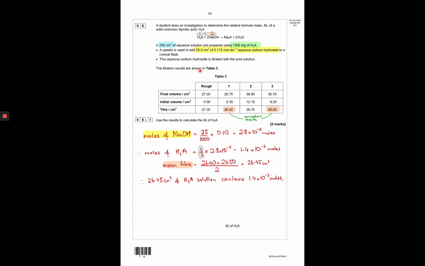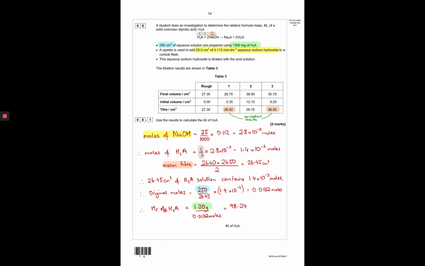So we need to work out how many moles there were in our 250 centimeters cubed. It's going to be the 250 divided by the mean titre. So it's a scale up, right? We're scaling it up. So we must have had in our very original sample 0.0132 moles. We know that the mass of 1300 milligrams must be that number of moles.